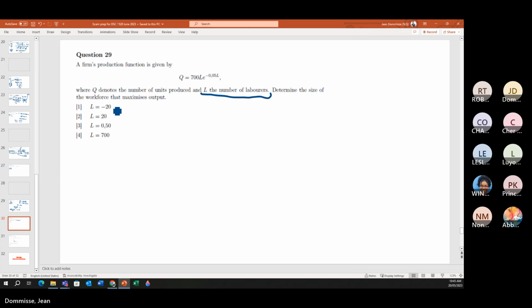You can't have negative laborers, and you can't have a half laborer. So just by nearly eliminating, we could have eliminated two of the options.